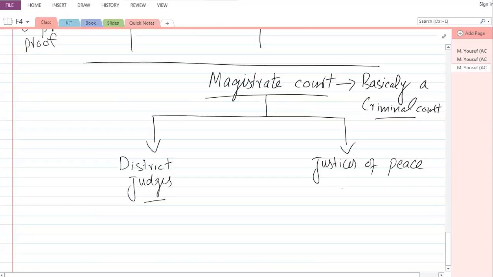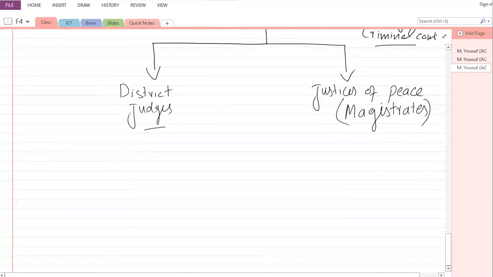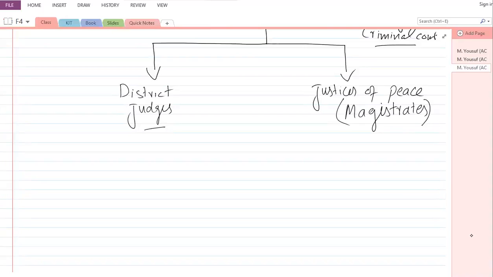Justices of peace are also called magistrates. These two types of judges are responsible for hearing a case in the magistrate court.